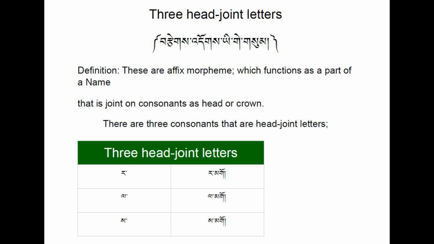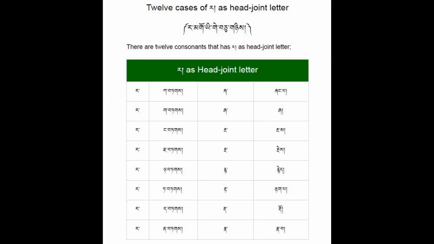Now the head joined letters, meaning the letters that are joined from the top. Sekto. Sek means to stack. To means to connect. So to connect by stacking it on one letter, by placing it above the foundation of a name. So these are affix morphemes which function as part of a name that is joined on a consonant as head or crown.